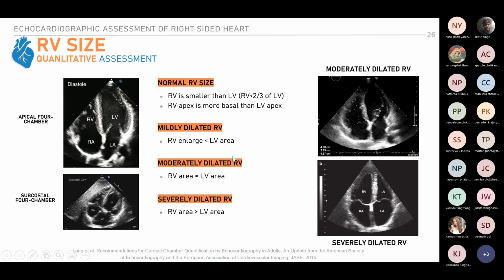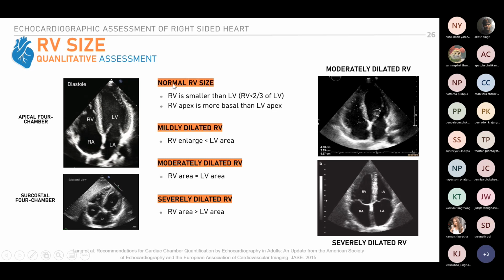For qualitative assessment, RV size is assessed by eyeballing, using the apical four chamber and subcostal views. So RV size can be described as normal, mildly dilated, moderately dilated, and severely dilated RV.